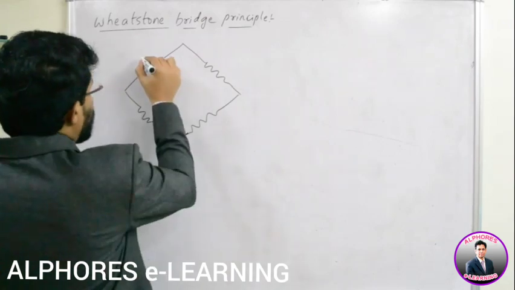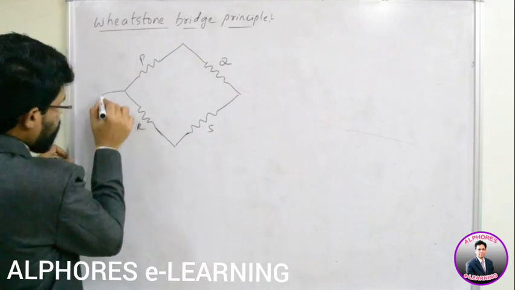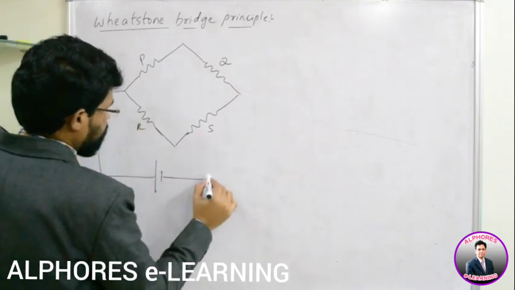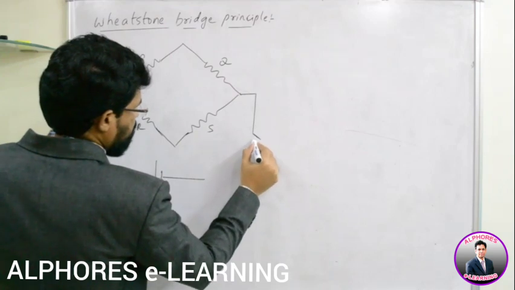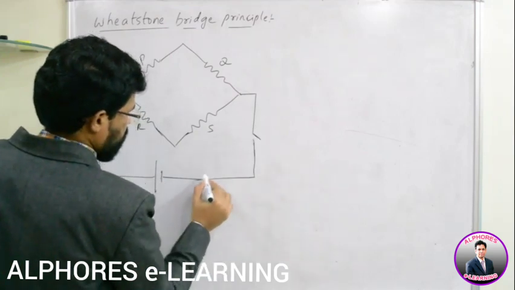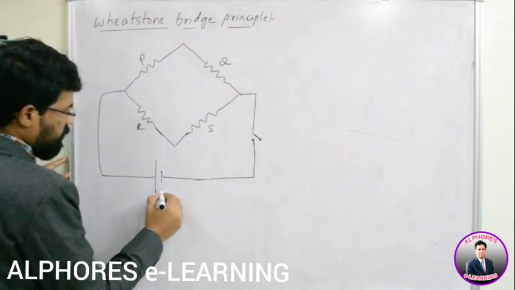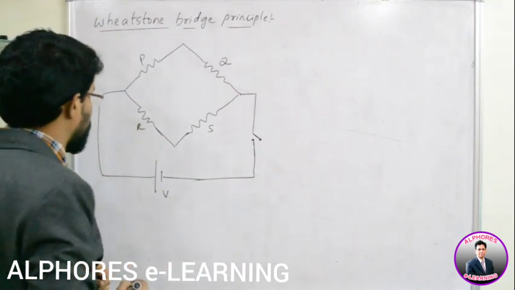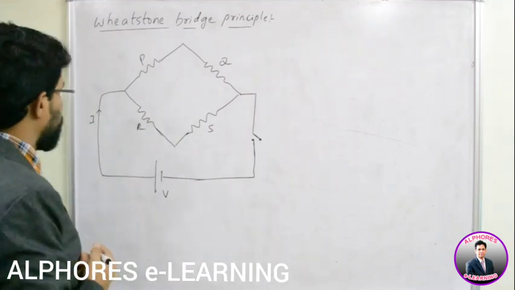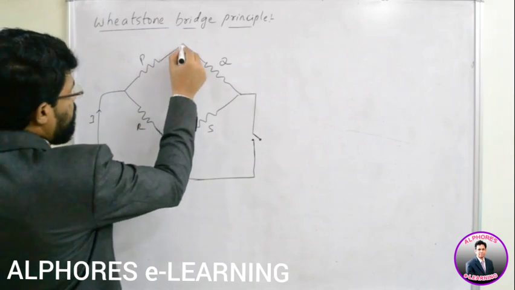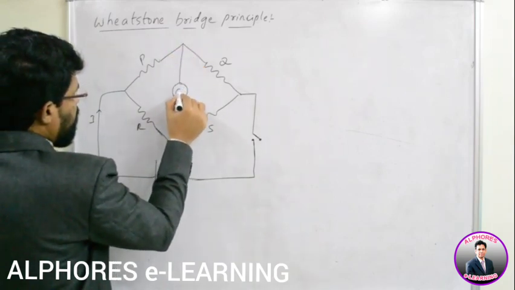Let them be P, Q, R and S. Let us say a battery is connected with a key arrangement. Let the battery supply a potential of V. Let an overall current I exist in the circuit, and here let us say a galvanometer is connected.